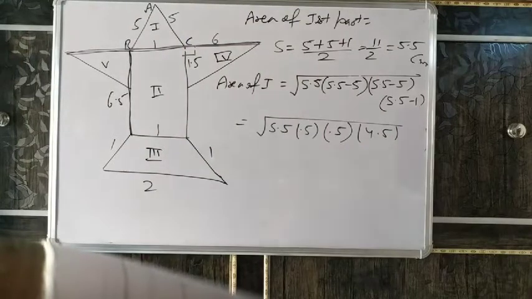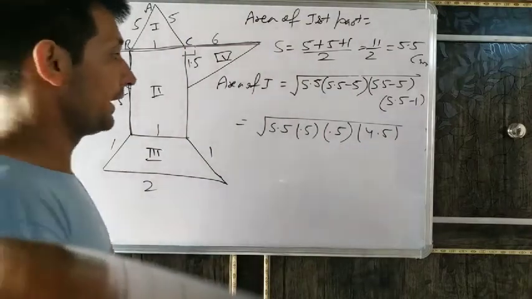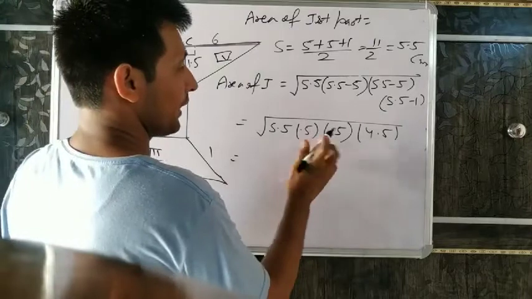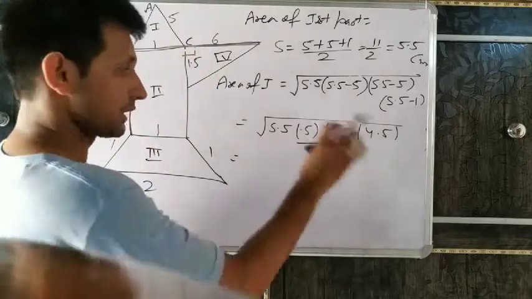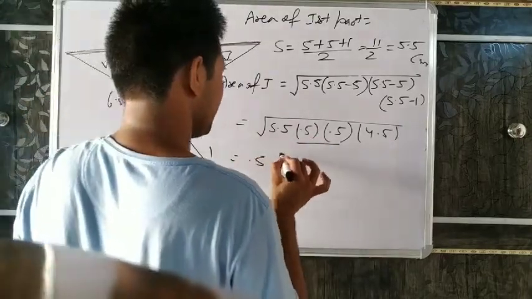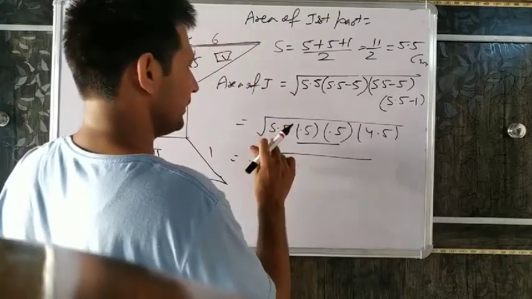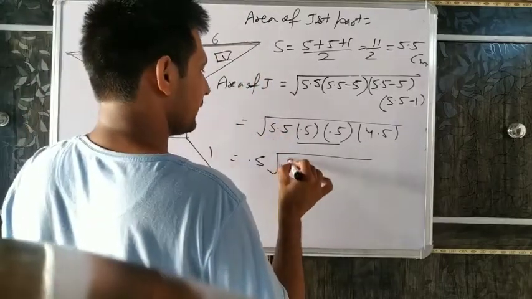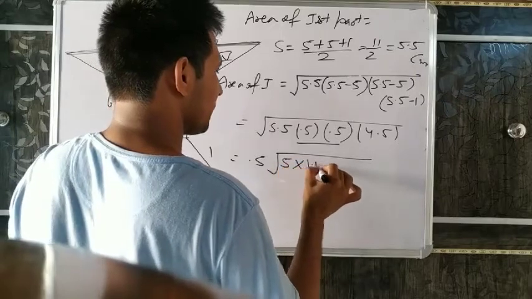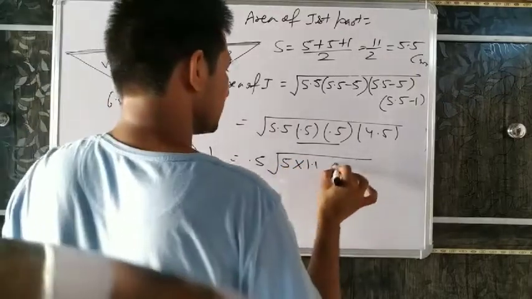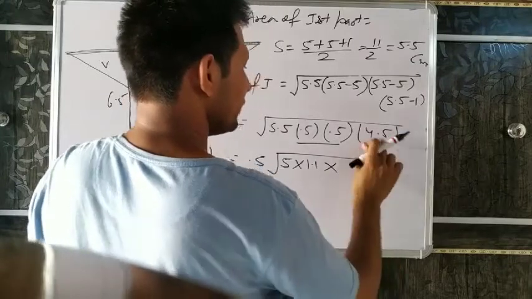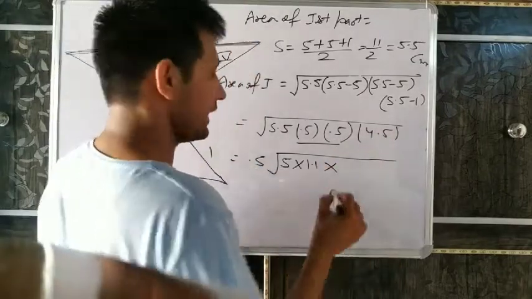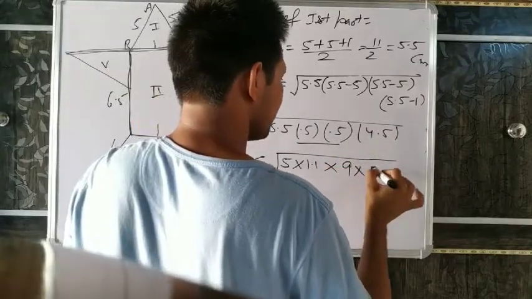Now we will write it in pairs. 0.5, 0.5 in pairs, it comes outside. Inside we keep 5.5 and 4.5. What remains? 55, what we can write? 5 into 11, so 1.1 like this. And 45 is 9 into 5.